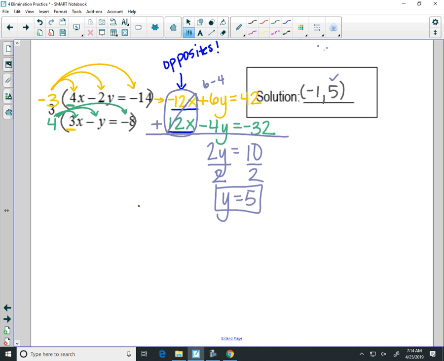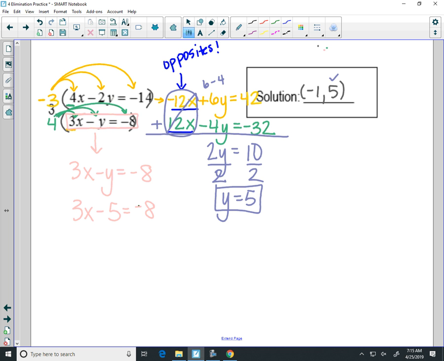And now we need to plug back in to get x. And you can plug back into whichever equation seems similar to you. On this one, for me, I think it's this bottom equation. My new y is 5, so I'm going to fill in my equation around it. Careful with your signs there.